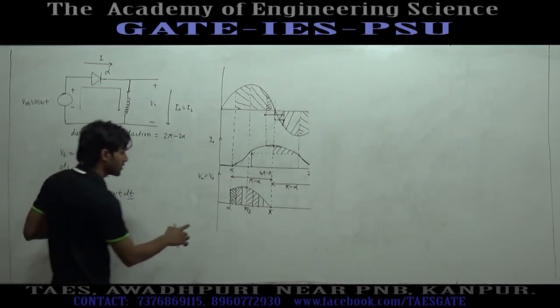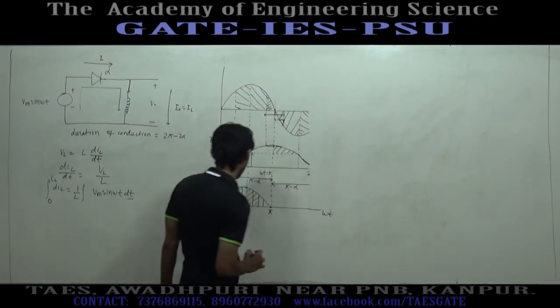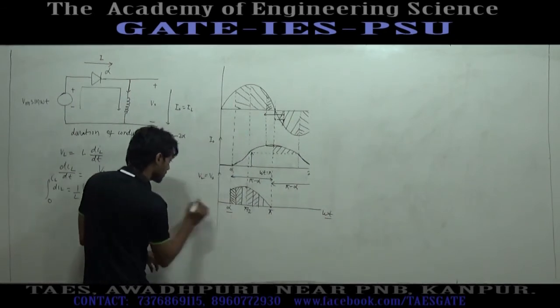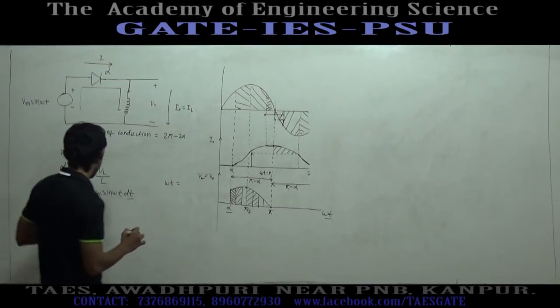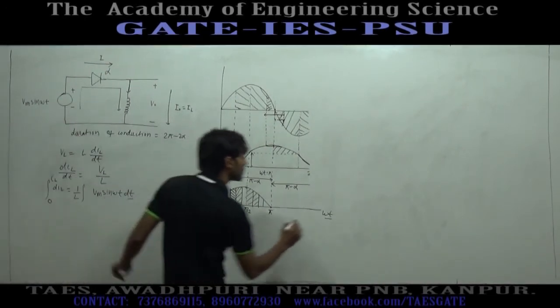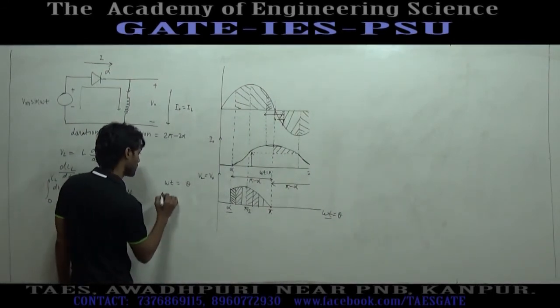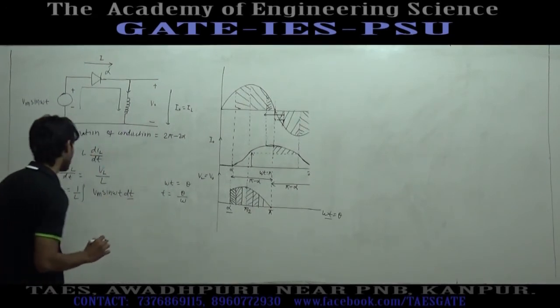Whenever this axis is omega t equals alpha, we have to put the limit of time, not of omega t. Time is equal to theta by omega.